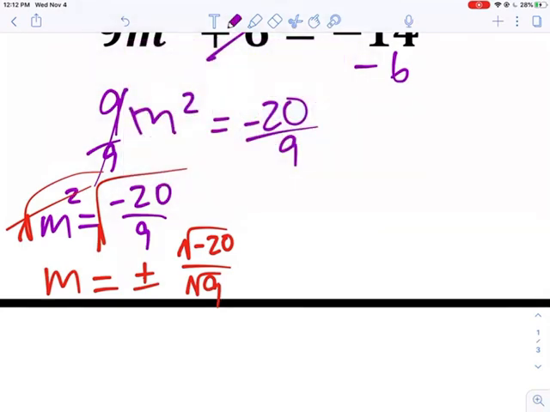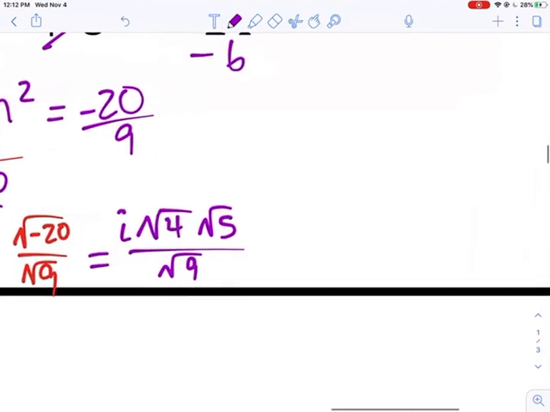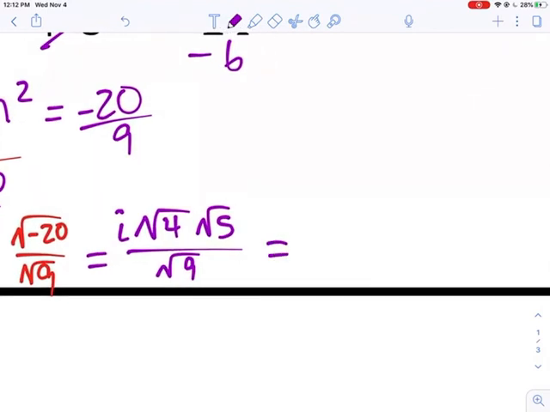So we're just going to go ahead and simplify those square roots down. So square root of negative 20 is going to break into an i, a square root of 4, and a square root of 5. Because 4 times 5 is 20, and the i came from the negative. And on the bottom, we know the square root of 9. That is already perfect, which is awesome. So now we'll just reduce.